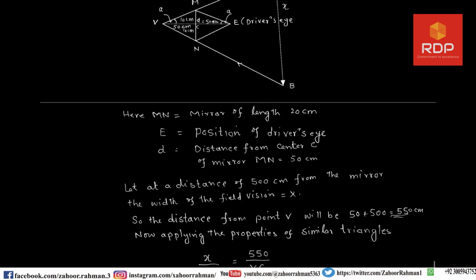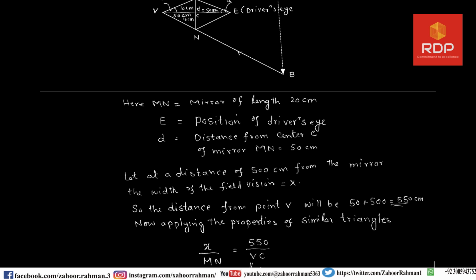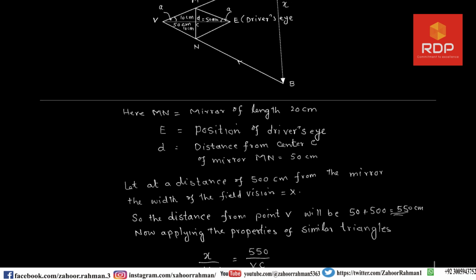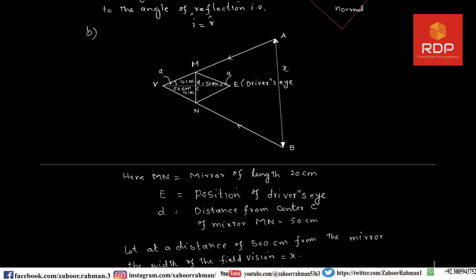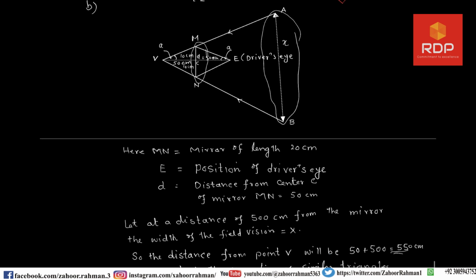Now, because this triangle is the same as this triangle, applying the properties of similar triangles, if we are taking the ratio, so the X ratio will be equal to, the X ratio is this one, and that will be equal to this one.